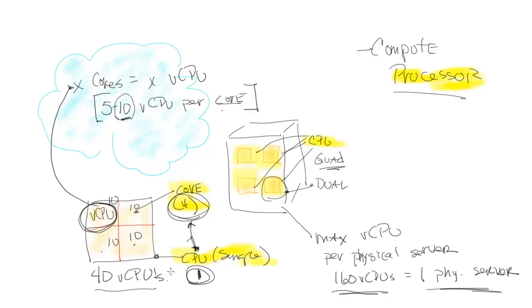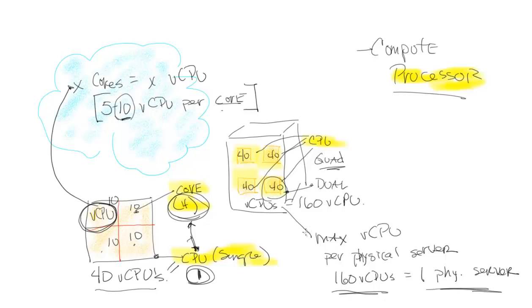So 4 cores equal 1 physical CPU, 40. Then I can say that each of these are 40, 40, 40, and 40. And remember those are virtual CPUs. Now this box equals 160 virtual CPUs.